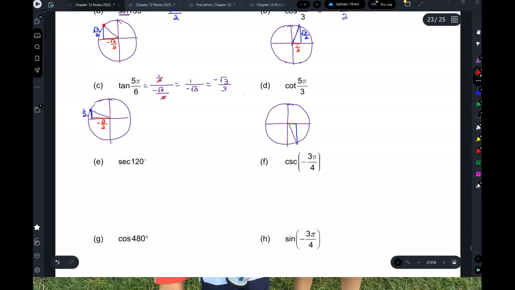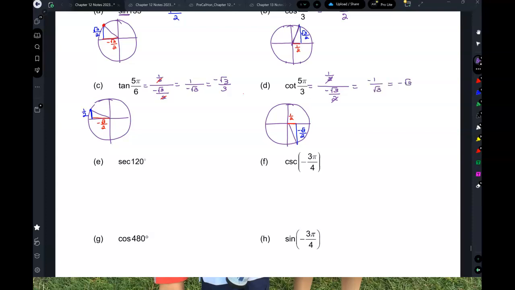Okay, so this is a half, negative root 3 over 2. Do you see how for this one it was different? We went longer horizontally. Here we go shorter horizontally, right? The sides switched. So here they're going to switch. Okay, so 5 pi over 3. Okay, so cotangent is adjacent over opposite. 2's cancel. Negative 1 over root 3. Negative root 3 over 3.